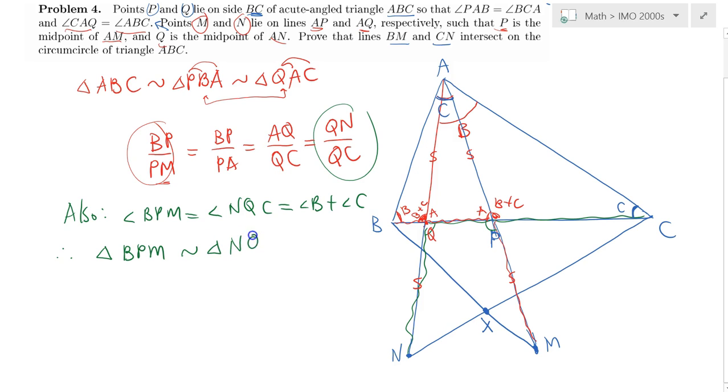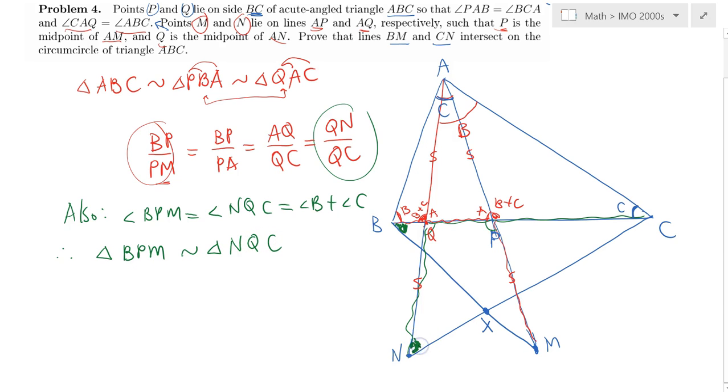Triangle NQC. But then this implies that these two angles are equivalent, right? Angle PBM is equal to angle QNC, this angle over here.